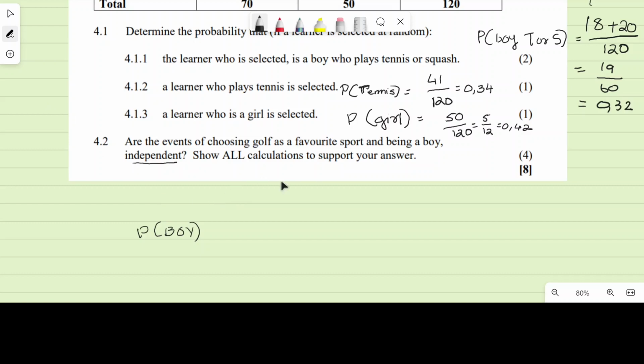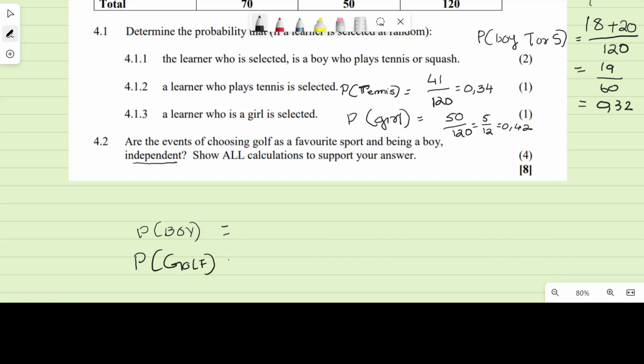Because here we have two events, choosing golf and being a boy. So we have to take the two: being a boy, and also choosing golf as the favorite event. These are the two events here.